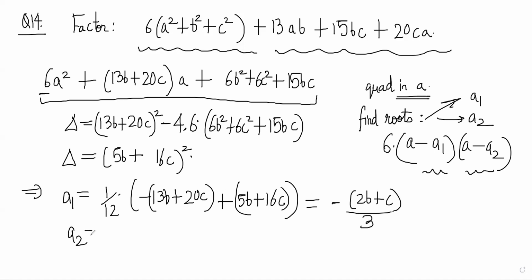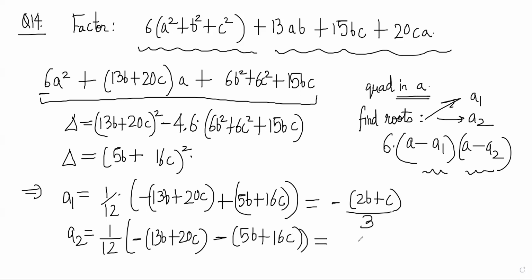And the second root will be −1/12 of (13b + 20c − 5b − 16c), which comes out to be −(3b + 6c)/2. These are the two roots of the quadratic when you look at it as a quadratic in a.